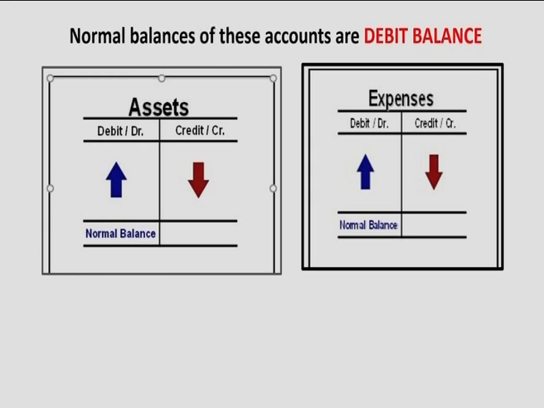So the balances of assets and expenses normally will have debit balance. Therefore, the normal balance in a blue color is written on the debit column side here. I repeat, for accounts like assets and expenses, the normal balances will always be debit balance.